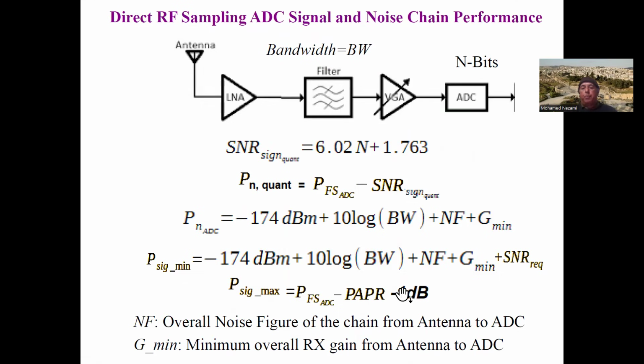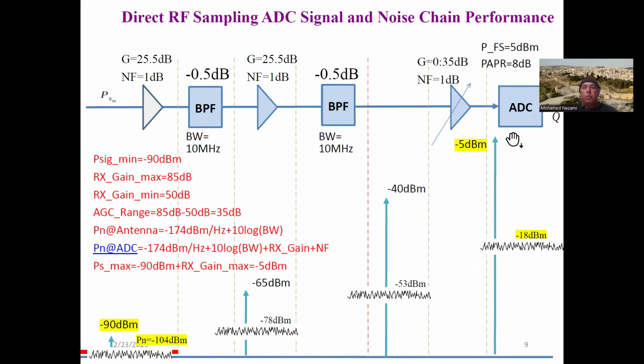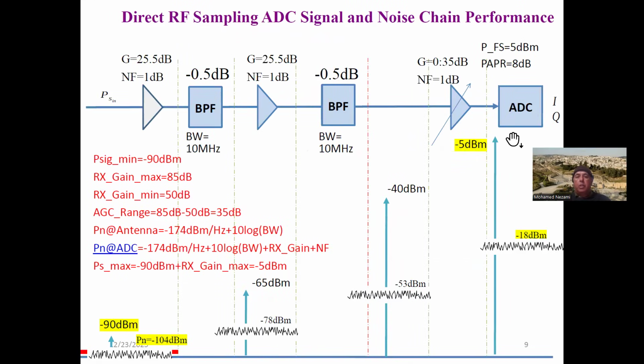Okay, all right, so let's take a little illustration of the dynamics of this front end. Let's assume that we have an ADC and a signal which has a peak to average ratio of 8 dB that we're trying to pick up. And of course, the full scale of the ADC, we're saying that is plus 5 dBm.